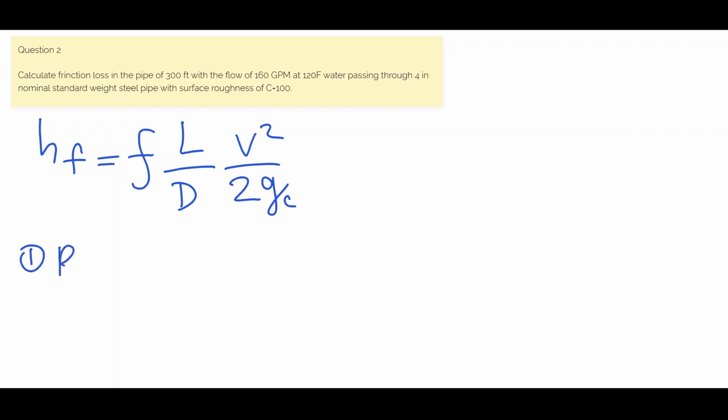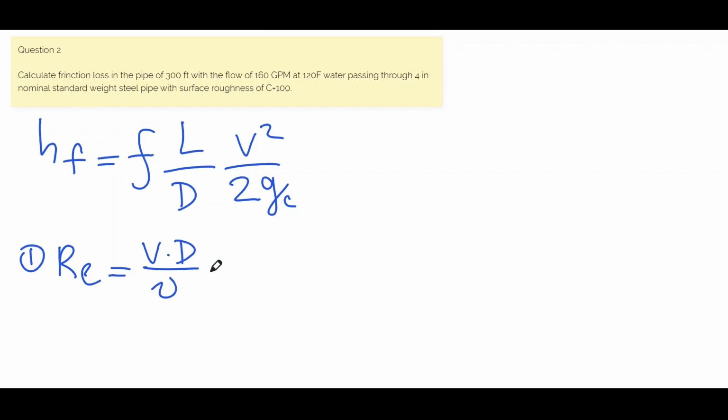So the Reynolds number equals velocity times diameter divided by kinematic viscosity. For kinematic viscosity, all you have to do is go to the table of properties of water. You can just type into the PDF file properties of water.